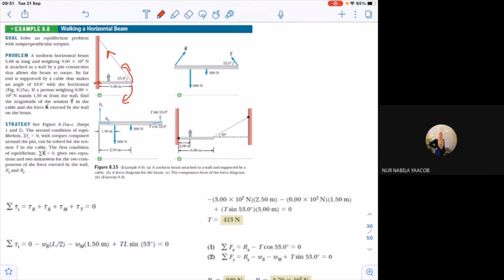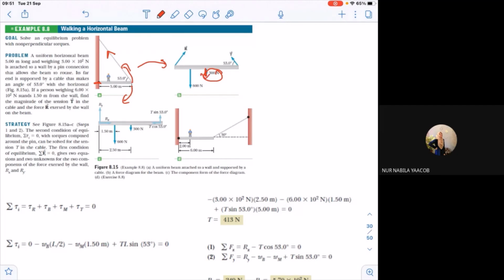Okay, ini situation dia. Daripada situation A, kita kena jadikan dia situation B. Sebab situation A tidak memberi apa-apa indicator. Where is our force? Tetapi yang kita faham ada tension. Dan kalau ikut dengan situation ini, plank yang diberikan itu ada berat dia, which is 300 Newton. So we need to calculate. Dan kenapa kita letakkan di tengah-tengah?